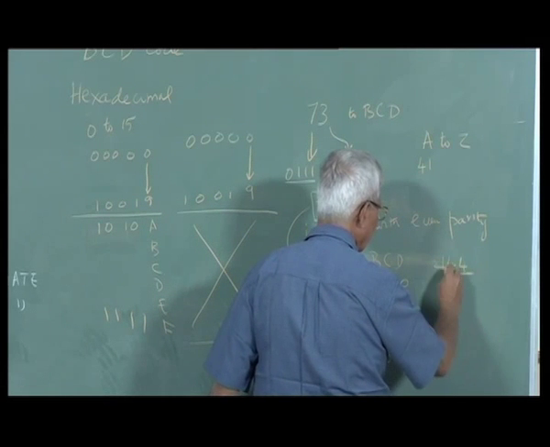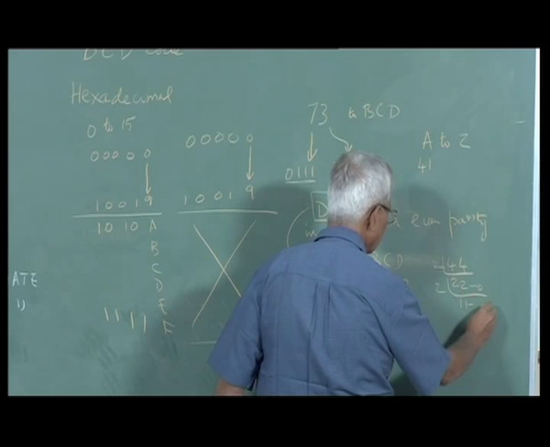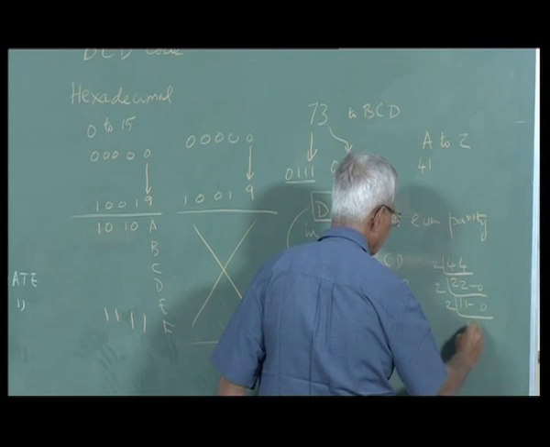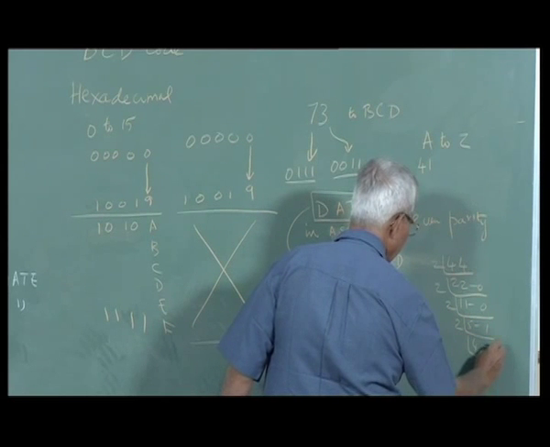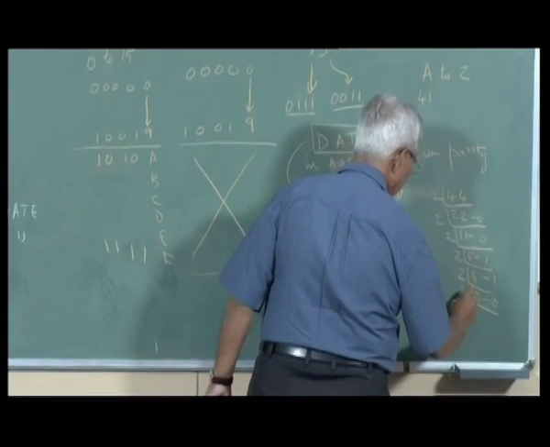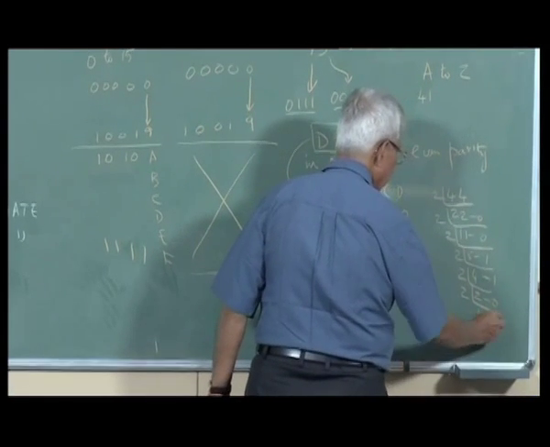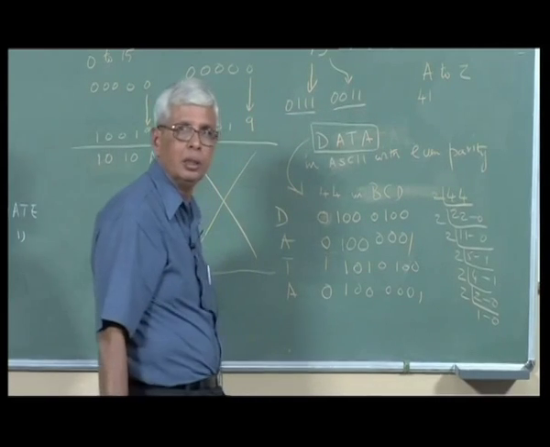Divide by 2, 22, divide by 2, 11, divide by 2, 5, divide by 2, 2, divide by 2, 1. Then it will be 1, 0, 1, 1, 1, 0, 0. It is not like that.